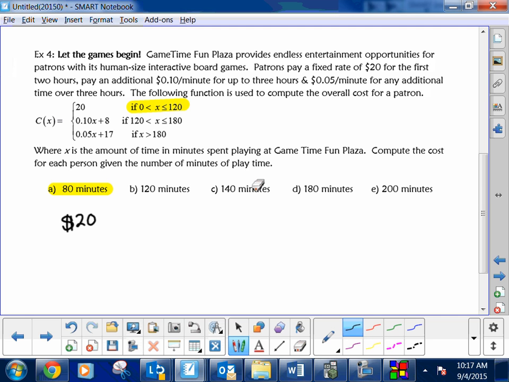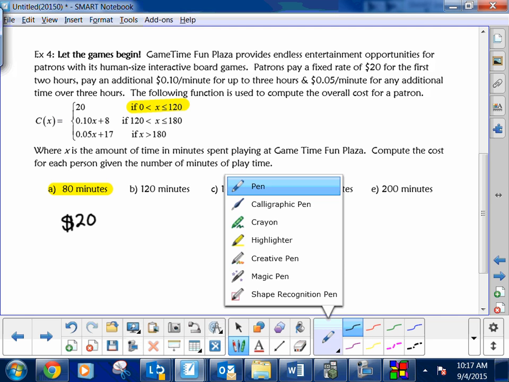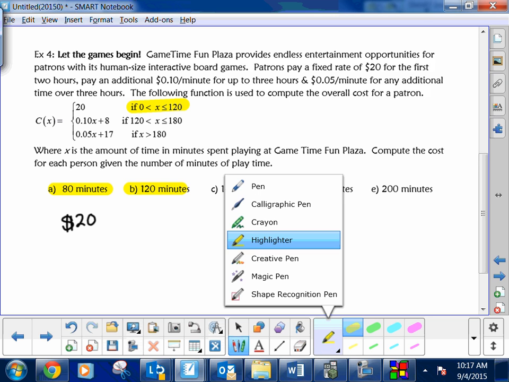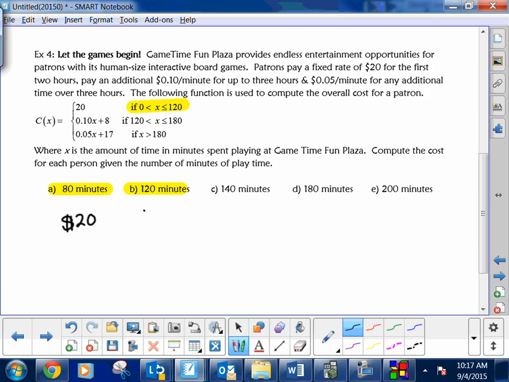Now, the 120 minutes has you think a little bit more, because when you look at the equations, the 120 shows up more than once. But in effect, it belongs to the first equation as well, because for the second one you need to be over 120. Does everybody make sense of that? So that means the charge for that will also be $20.